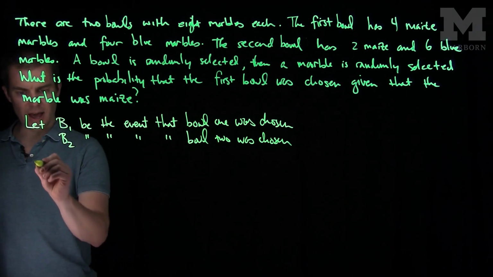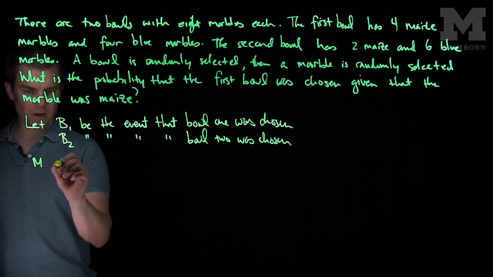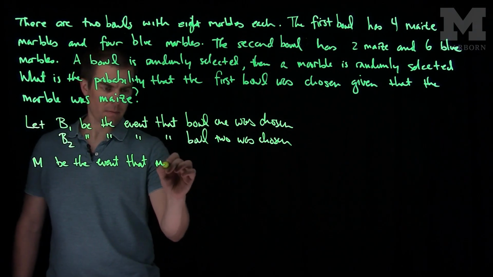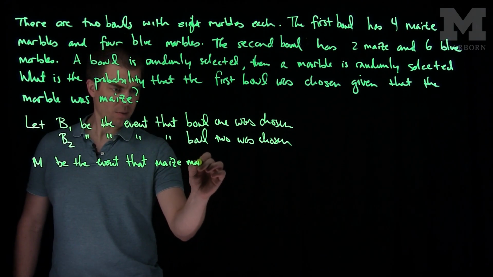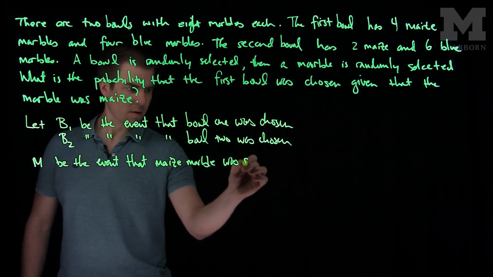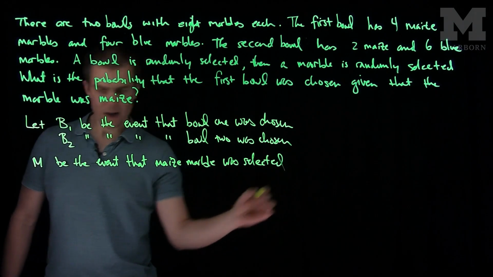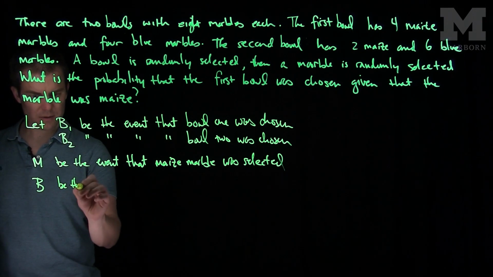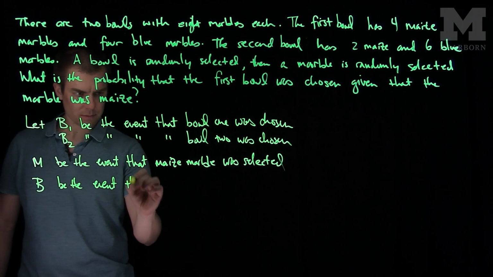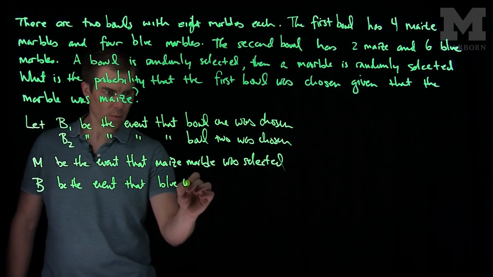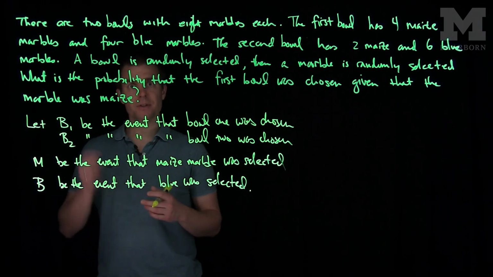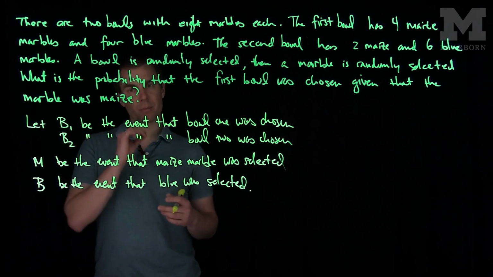We have maize, so let M be the event that a maize marble was selected. And let's similarly let B, with no subscript, be the event that blue was selected. It is very important to define these events before you solve the problem.